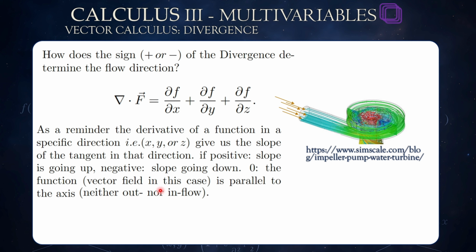It is the same concept as in calculus 1 when you calculate the slope of a function. If the slope is positive, the function is going up. If it's negative, it's going down. Otherwise, if it's 0, then the function is parallel to the x-axis.